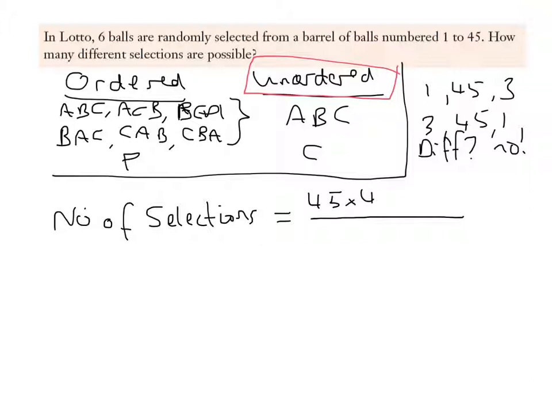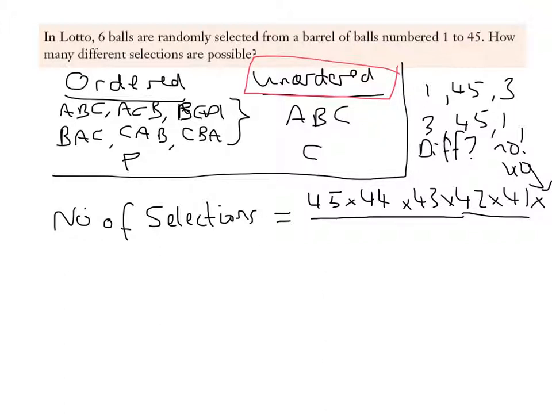We multiply that by 44, times 43, times 42, times 41, and I still need to multiply by 40 in there as well.